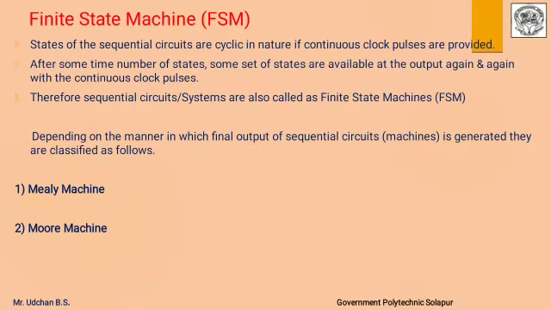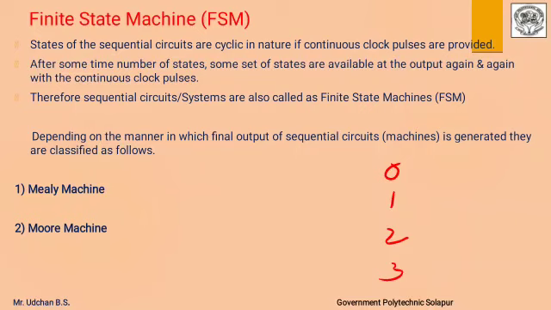Now we will see the finite state machine. We already studied the sequential circuits like counter, in which the states are cyclic in nature if a continuous clock pulse is provided. If we take for example a 2-bit synchronous counter, it will have 4 states, that is 0, 1, 2, 3.